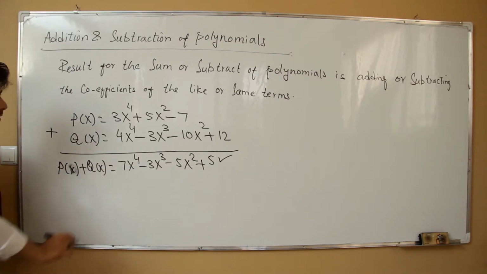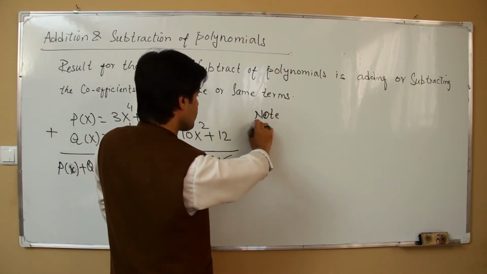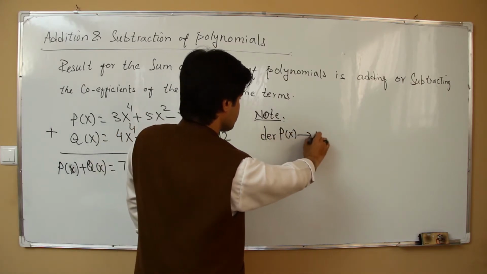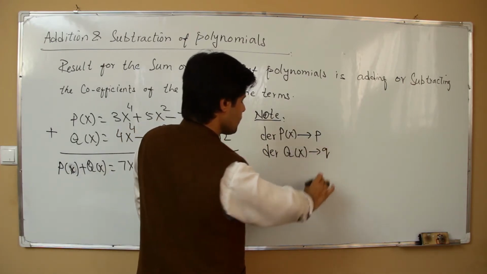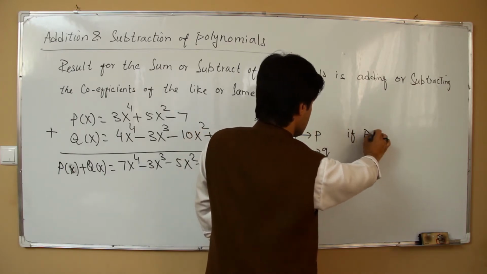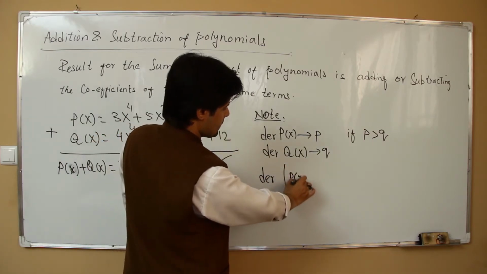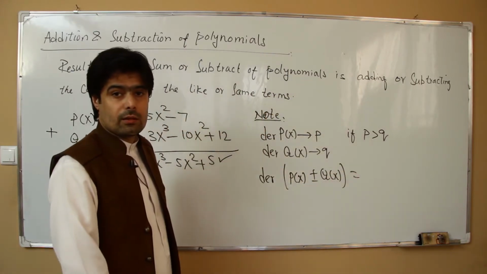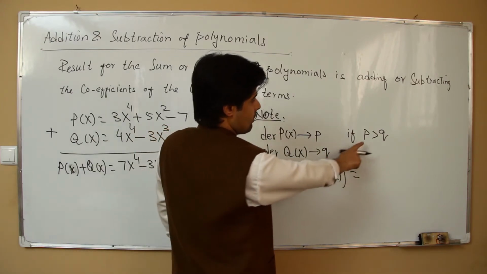One thing more, whenever you are talking about degree, note: if the degree of P(x) is p and the degree of Q(x) is q, if p is greater than q, then the degree of P(x) plus or minus Q(x) is the highest degree we have in P or Q. I think p.